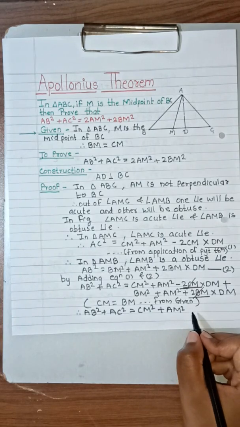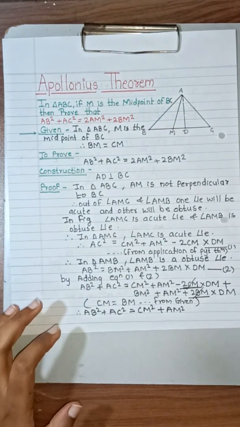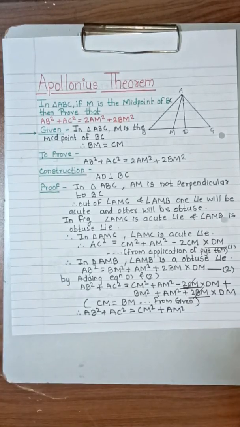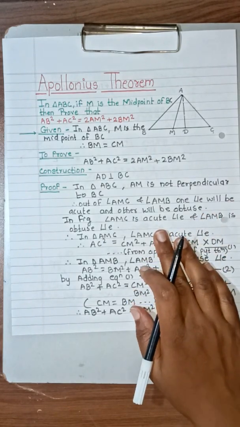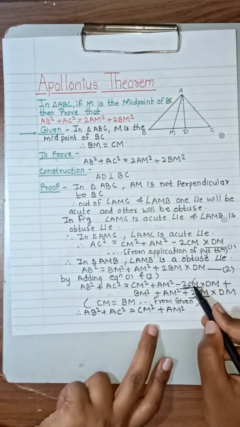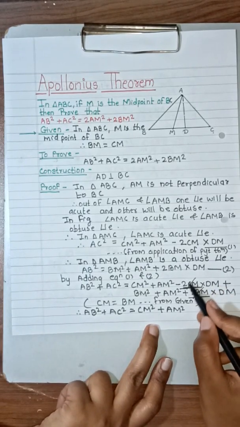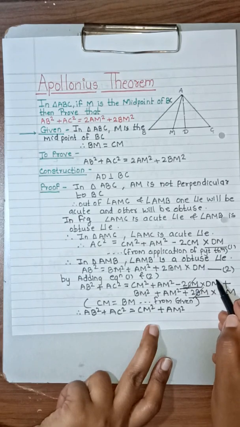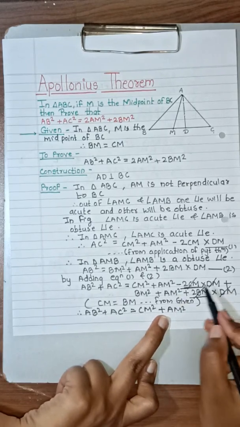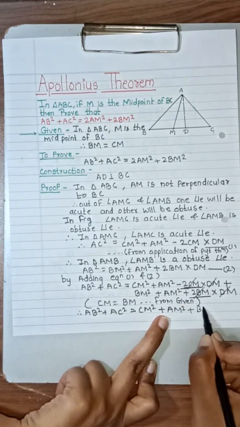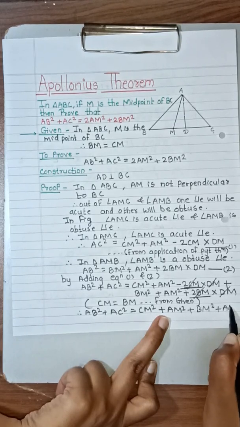Here, as 2CM we can write BM, so this 2CM into DM will get cancelled. So your equation again will be CM square plus AM square plus BM square plus AM square.